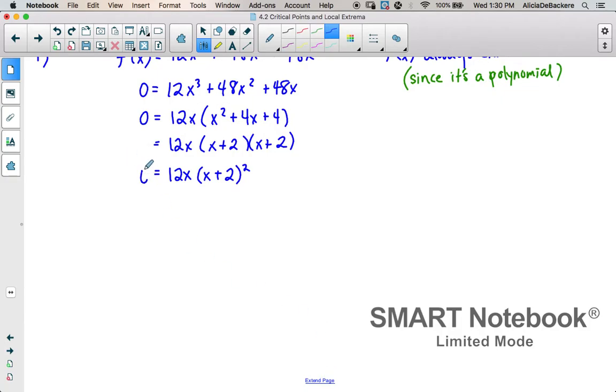Now I want to know where this equals 0, so I'm going to set each of these factors equal to 0. You don't have to do it twice when the bracket matches, right? Once you do it once, you've got it. So here I get x is equal to 0 or x is equal to negative 2. I've got my two critical numbers, so we're going to make our chart.